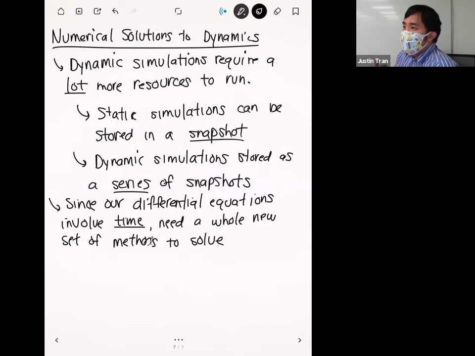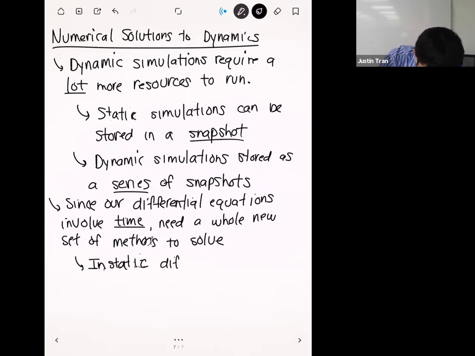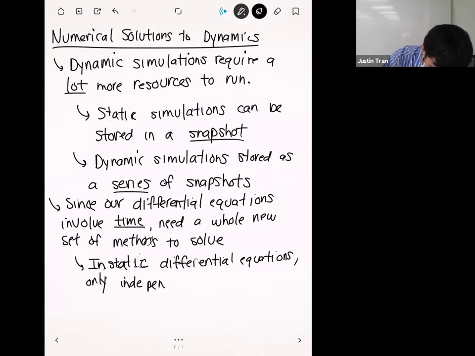But when you do static structural, the only independent parameters in your differential equation are of space. And by space, I mean X, Y, and Z.